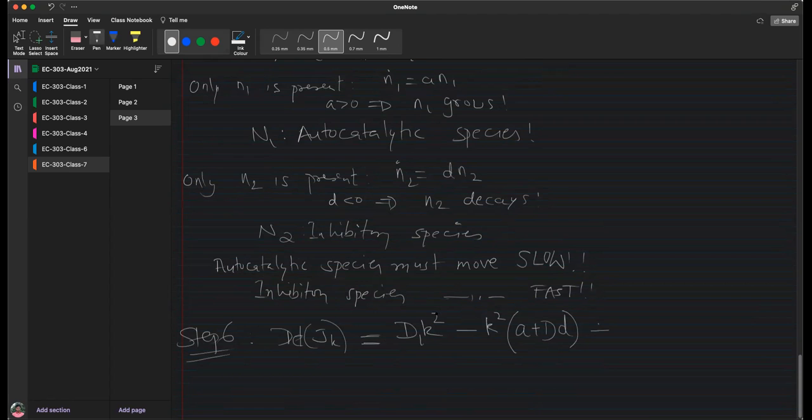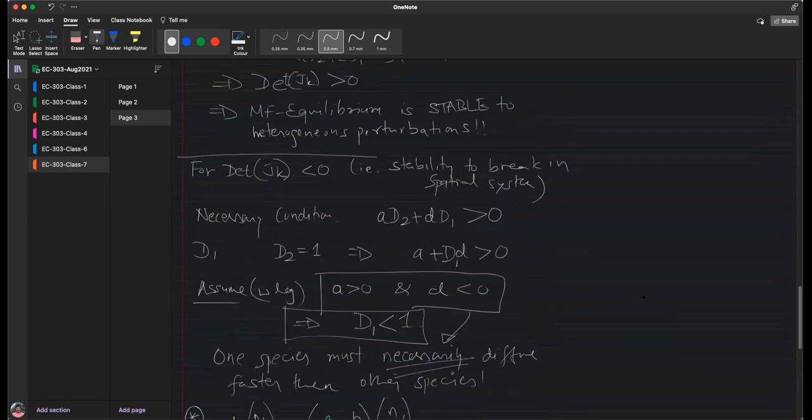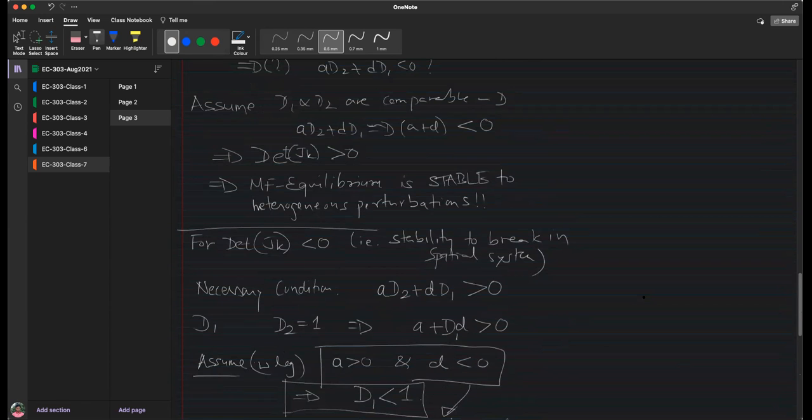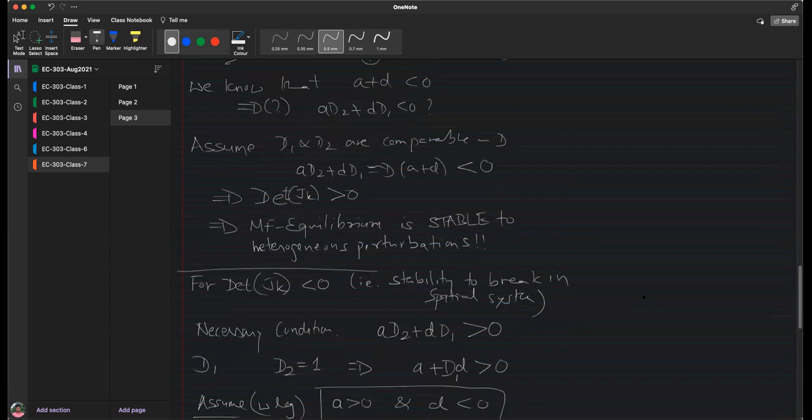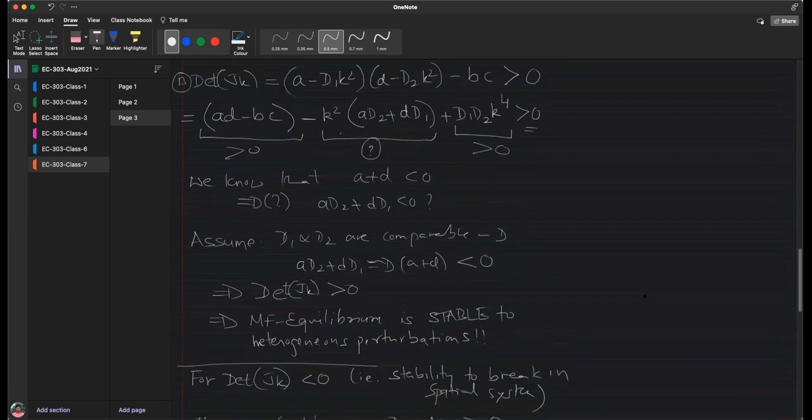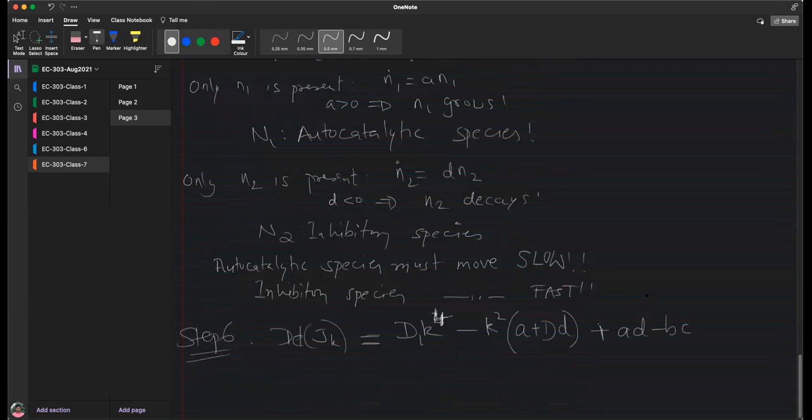Oh, this is k4, sorry. Plus AD minus BC. Okay. So this is what you have. Is it fine? Okay, AD minus BC. So what you now need to find is, what is the sufficient condition?